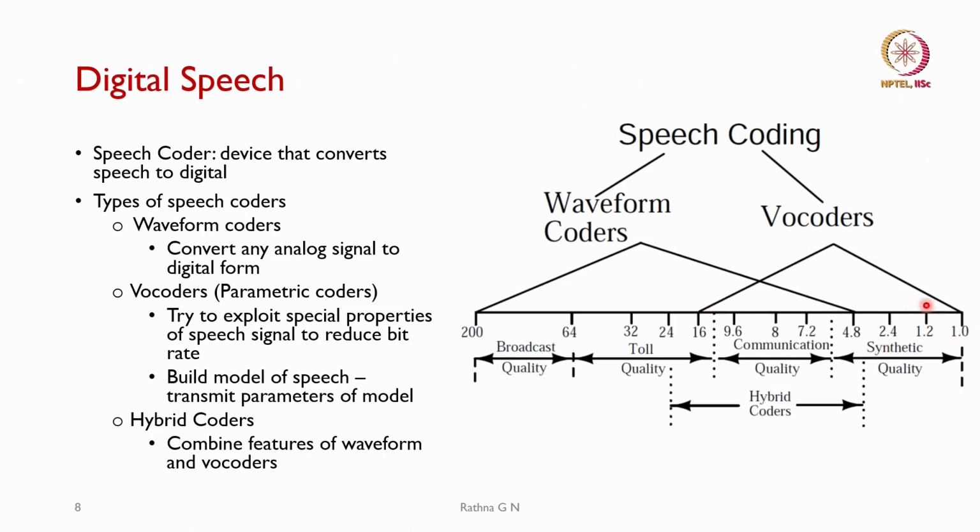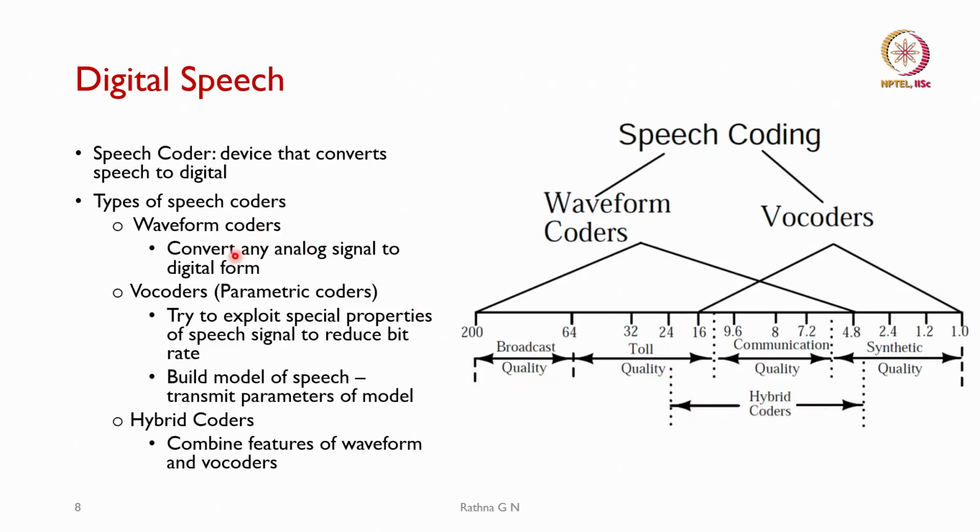Vocoders span between 1.0 and 16 in this case, whereas waveform coders span between 4.8 and 200. And when you want to use both, you can generate hybrid coders in this domain.